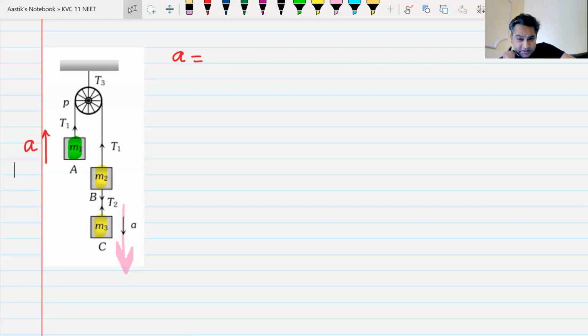M2 plus M3 is more than the value of M1.